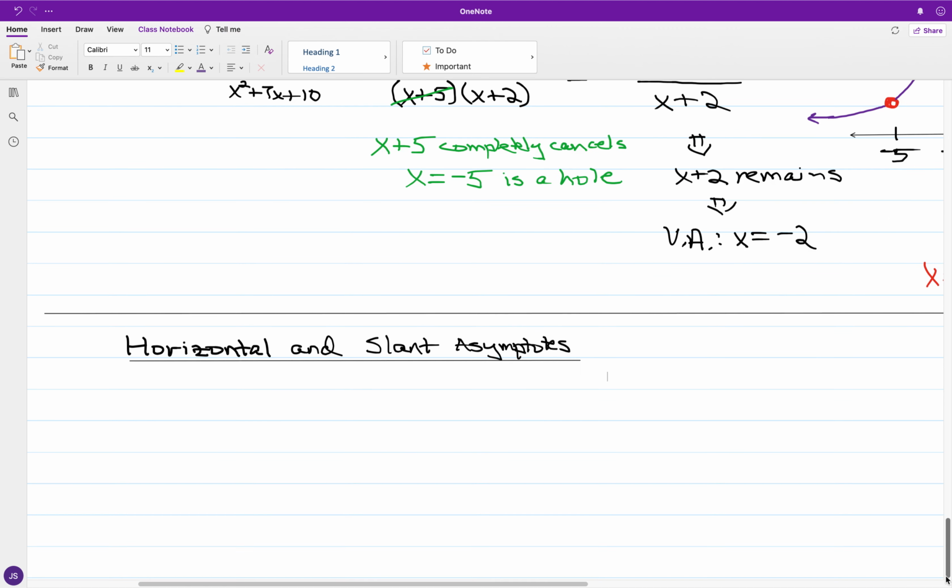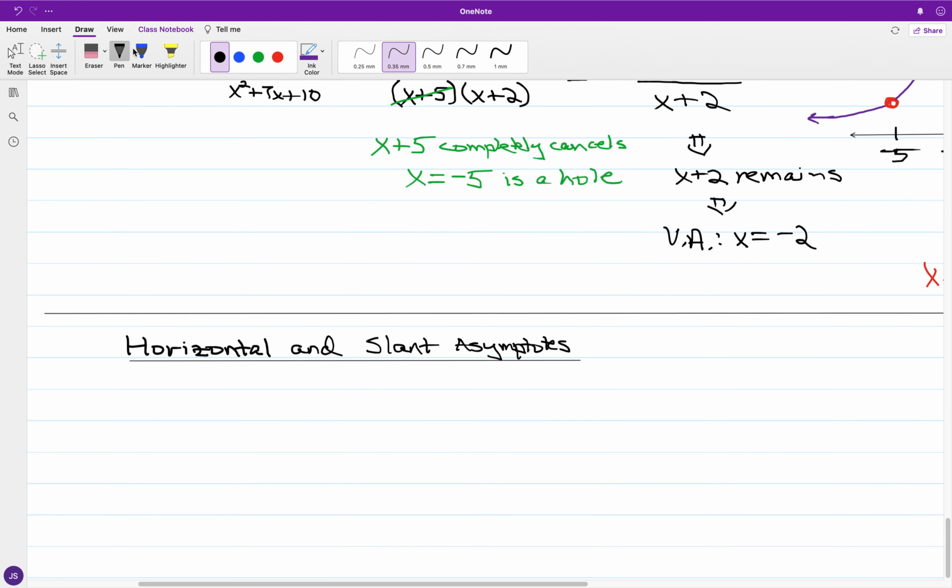Now for what we have regarding horizontal and slant asymptotes, we have a rational function, and we have R of x.